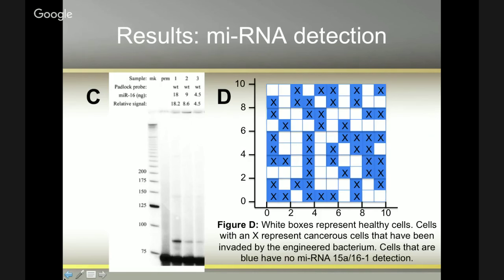I would expect the results to be as Figure C shows, with the padlock probe for microRNA 16-1 detecting the microRNA correctly. Thus, I would expect the padlock probe in the cell to detect levels of the microRNA. Figure D shows results from the model, with the boxes representing invaded cancerous cells turning blue when no microRNAs are detected. I expect 100% of the invaded cells to detect no microRNAs.